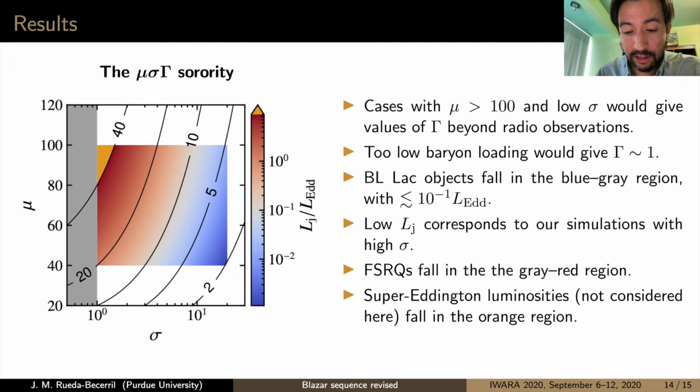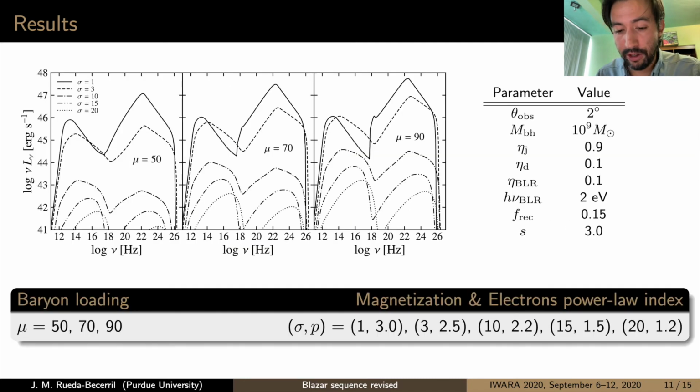Also, super-Eddington luminosities may fall in this region, but these are not going to be treated in this study. So after we performed our simulations with this parameterization and considering these sets of baryon loading and magnetization with their corresponding electron power law index, we get the following results.